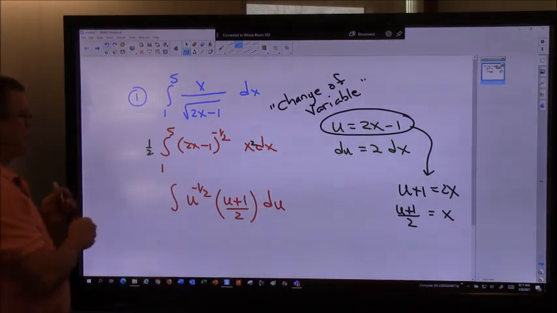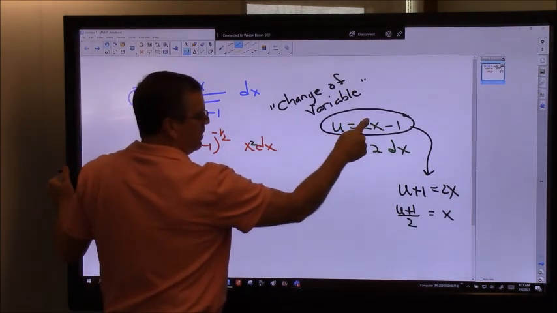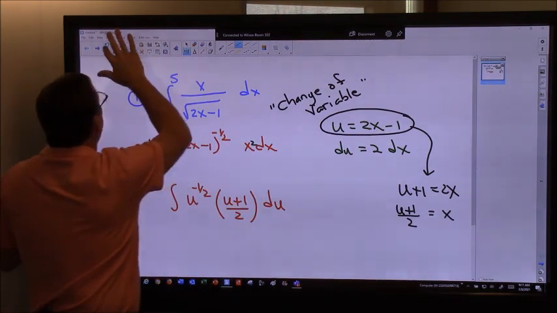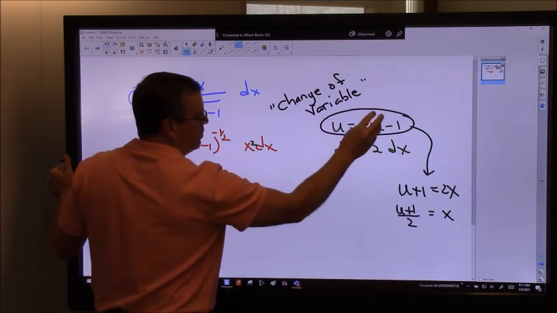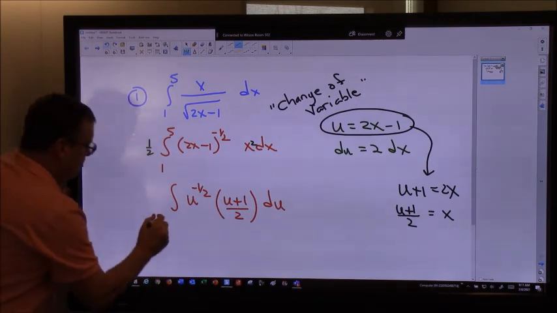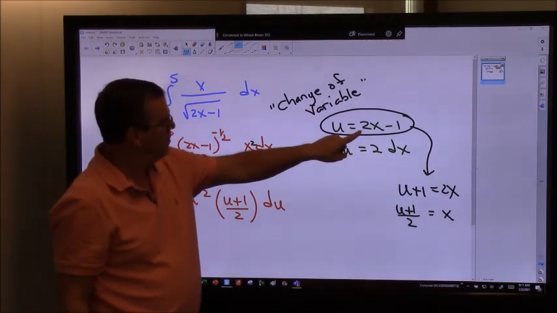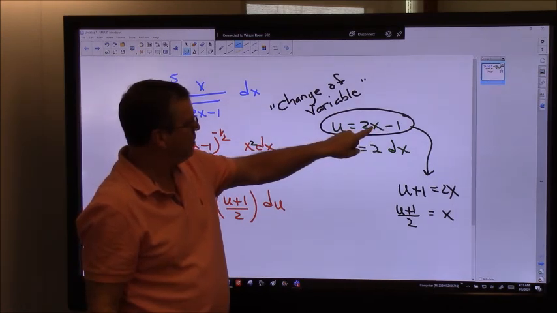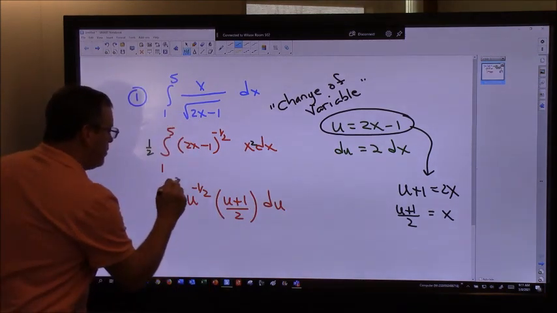If x equals 1, I'm going to go back to this, plug in a 1, and get 2 minus 1, that's 1. So when x equals 1, u equals 1 also. So that remains a 1. If I plug in a 5, I get 10 minus 1, that's 9. So when x equals 5, u equals 9.